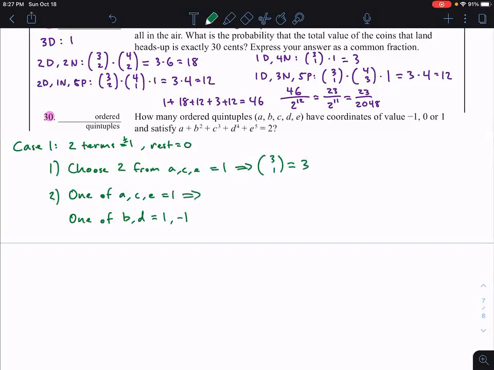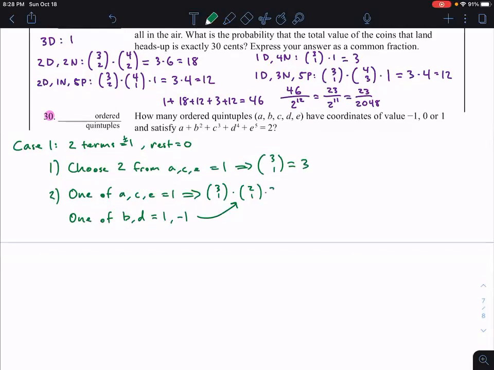So for this, you have 3 choose 1 cases, multiplied by 2 choose 1, or just 2, and then you multiply this by 2.